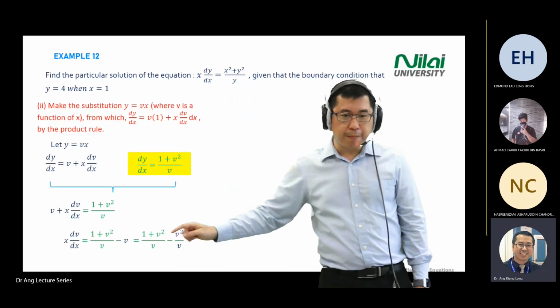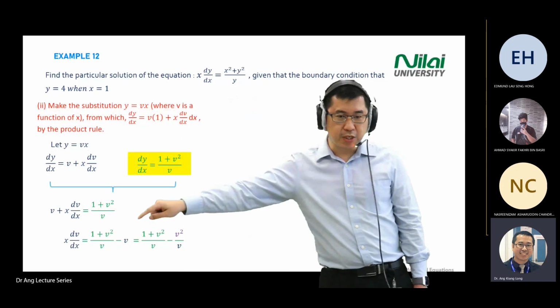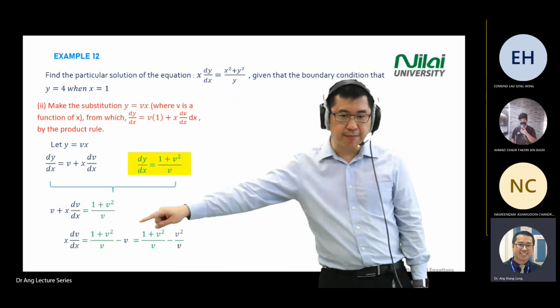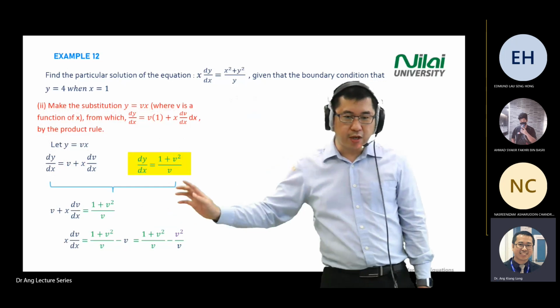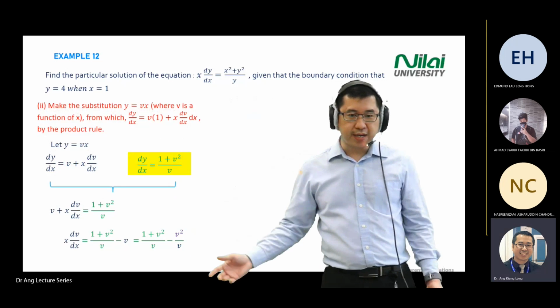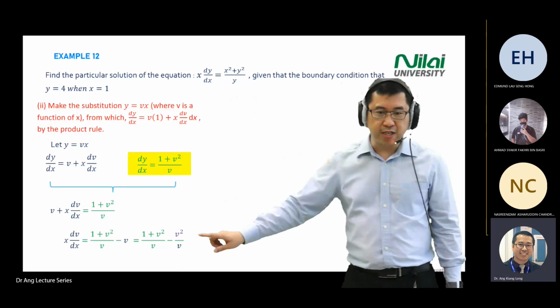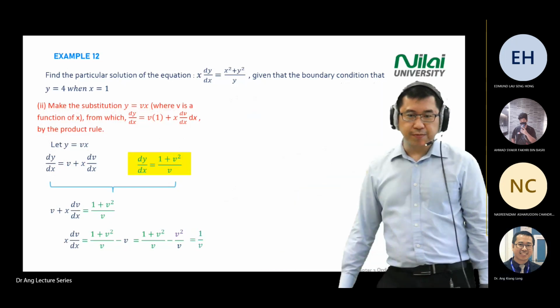Again, the purpose is to get x dv/dx equal to what? This side will be changing in the test or final exam, so don't worry about that. Just focus on what you want: x dv/dx equal to what? Normally the right-hand side is v only.